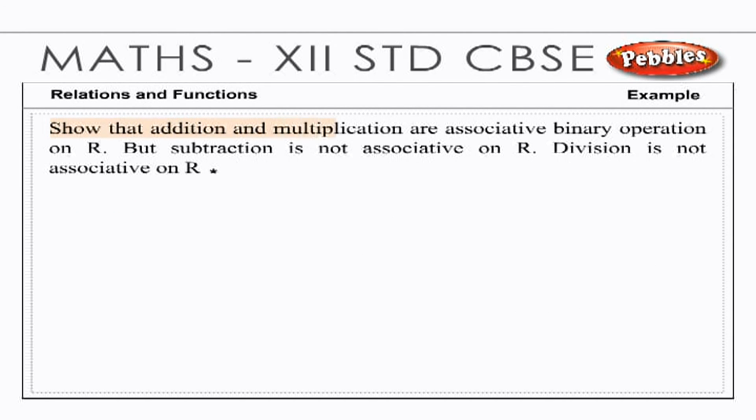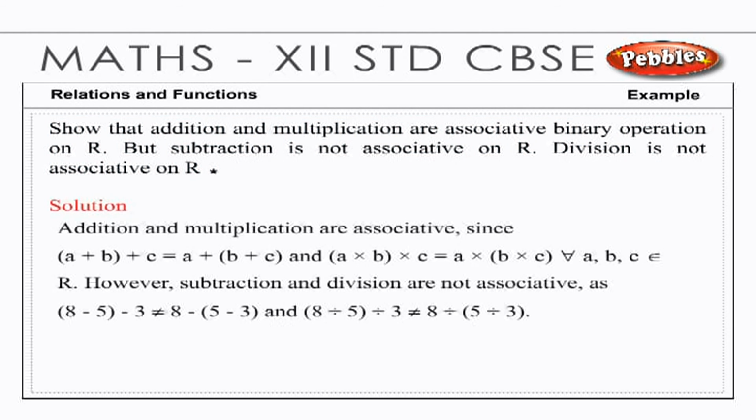Show that addition and multiplication are associative binary operations on R, but subtraction is not associative on R. Division is not associative on R*. Solution.